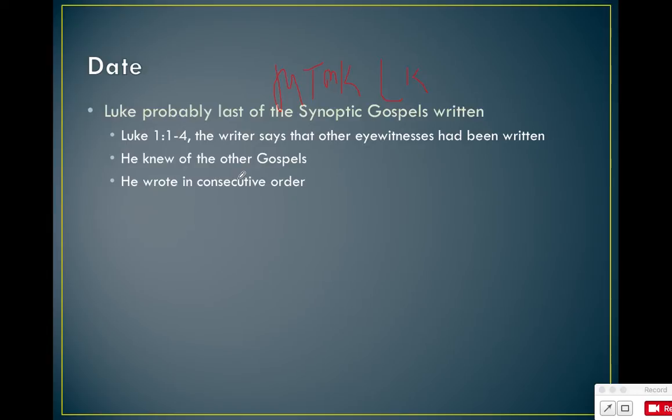Luke also writes in a very consecutive order. His gospel is very accurate in its order, much like Mark.